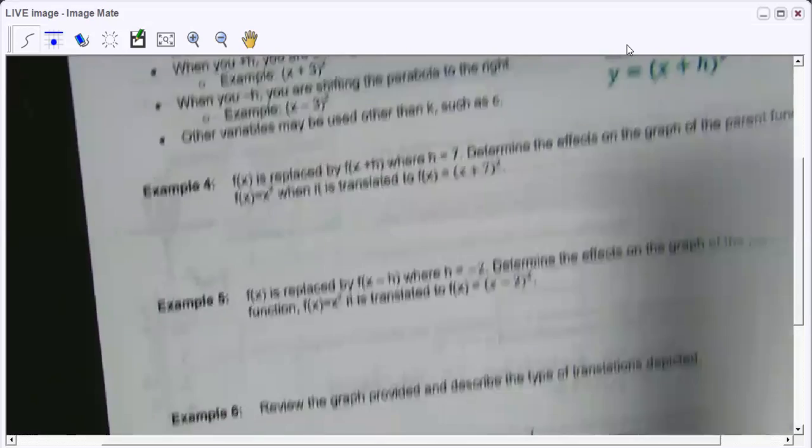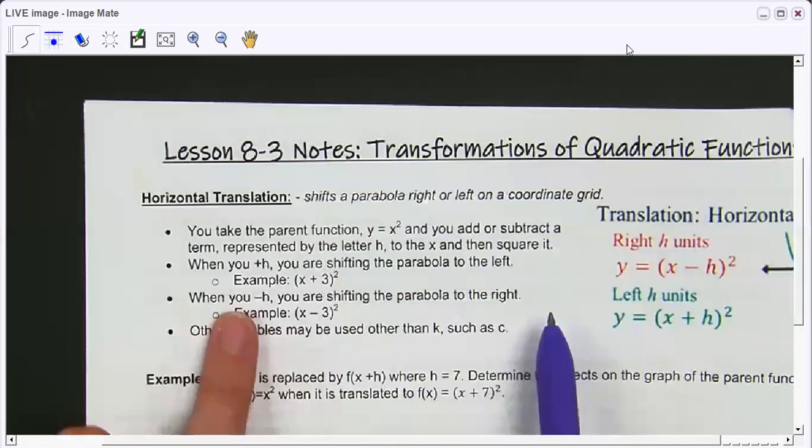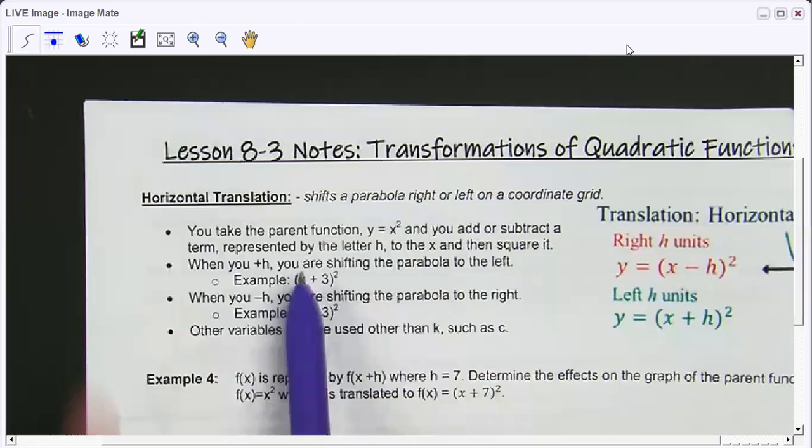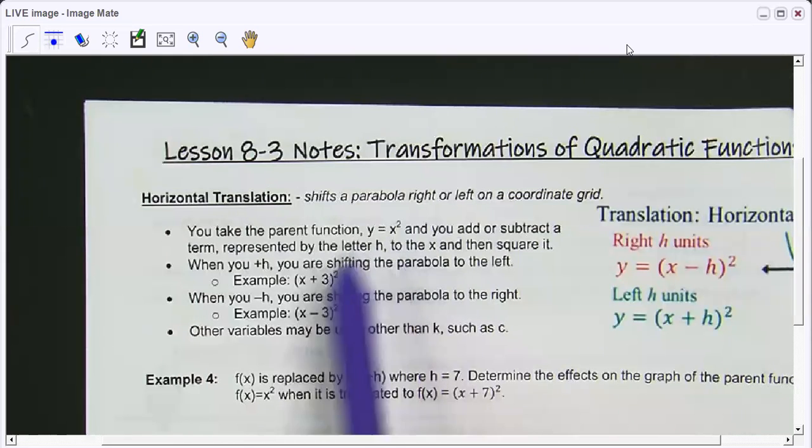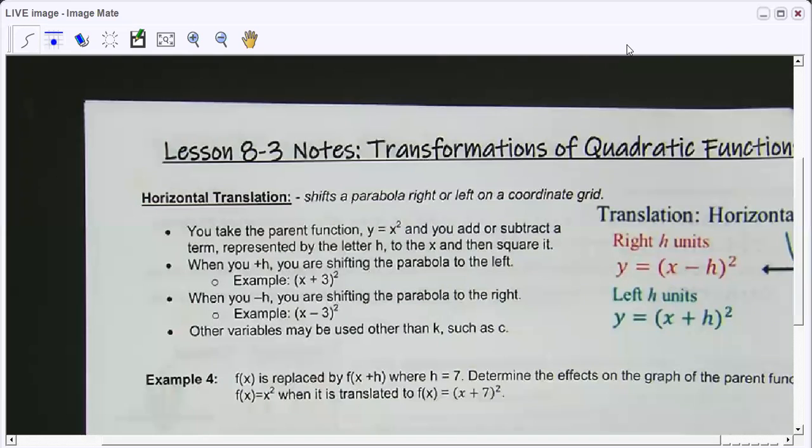So let's look at this one right here. This one is actually opposite of what you think it's going to be. You're going to take the parent function and you're going to add or subtract a term represented by the letter H to the x and then square it. So that's a little bit different. Now, when your H is positive, you are actually shifting your parabola to the left in the negative direction.